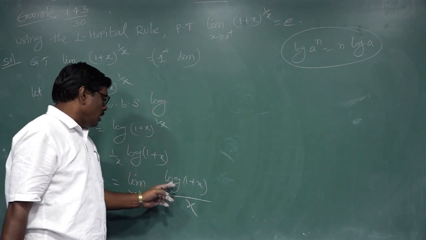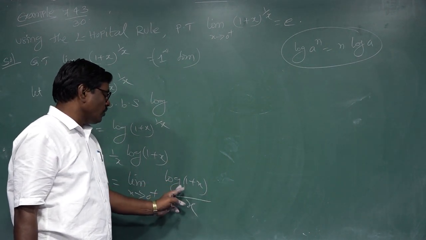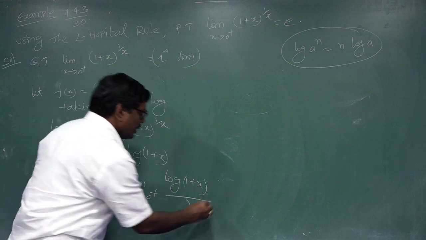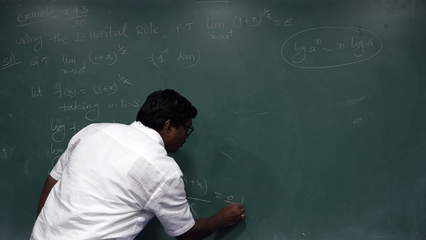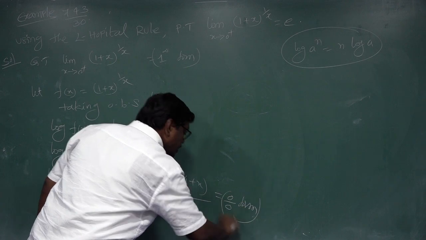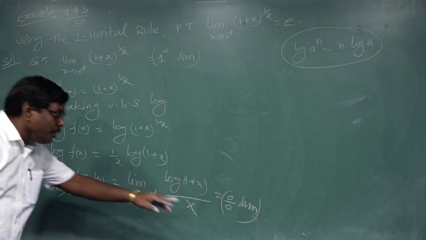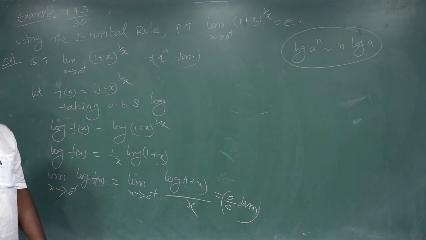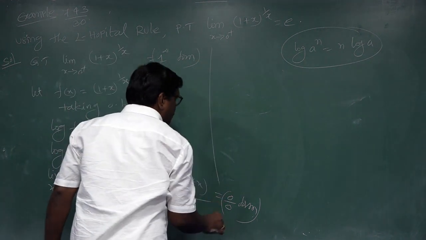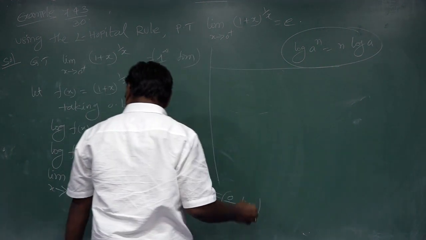Substituting, this is log of 1 plus 0 by 0. Log 1 value is 0, so this is 0 by 0 form. So we use the L'Hospital rule.